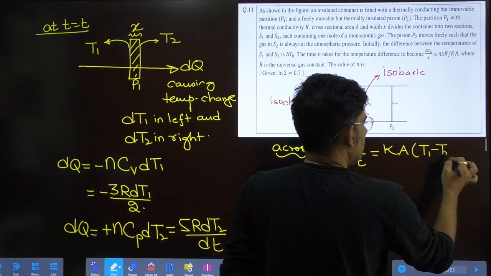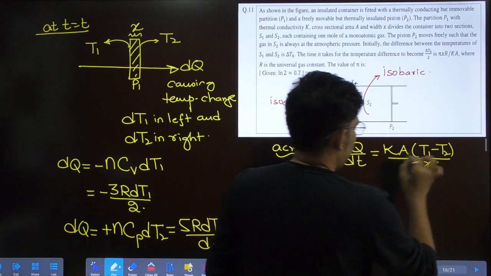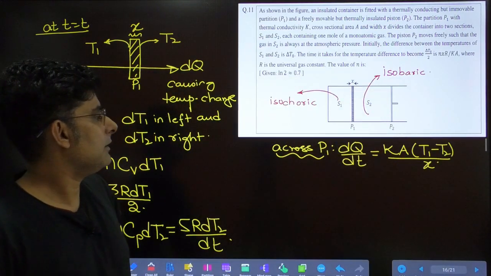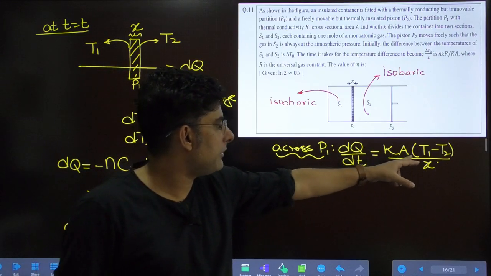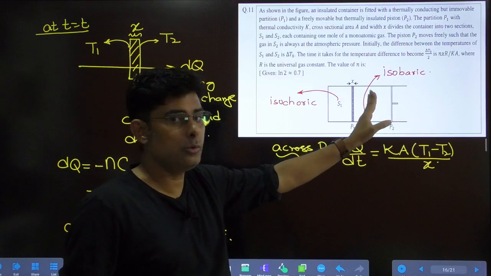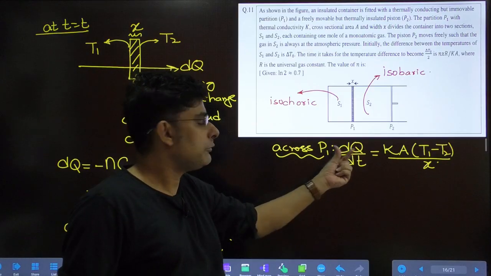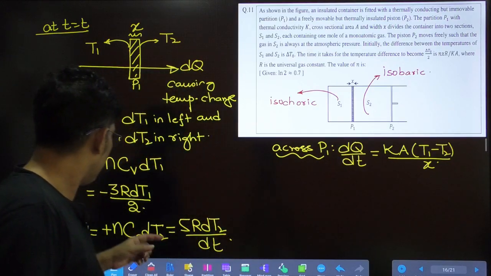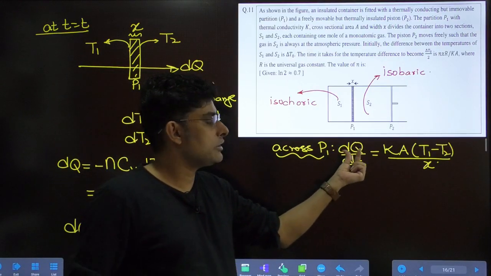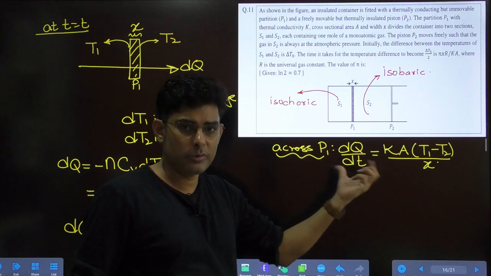Now we have to find the temperature difference between S1 and S2 as a function of time. So we have to remove dq. How can we do that? We have to bring this side also as a function of T1 minus T2. So how to do that?